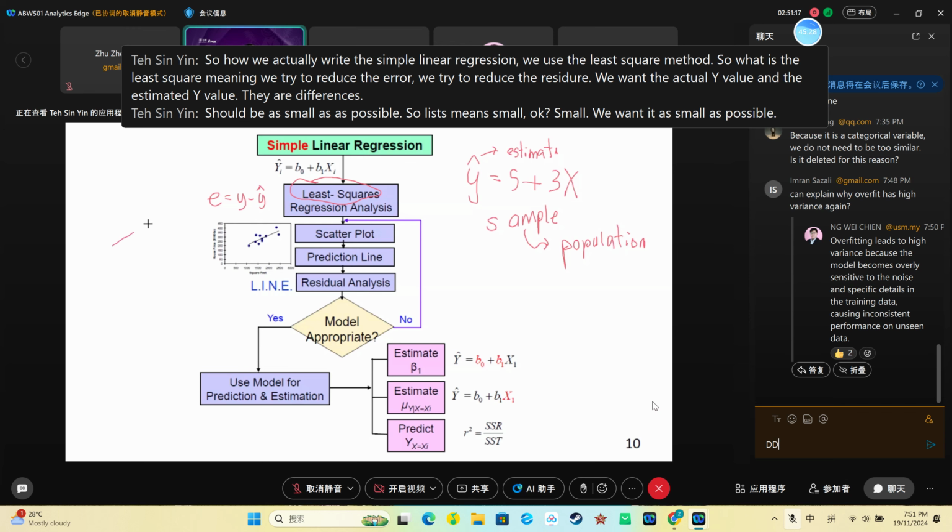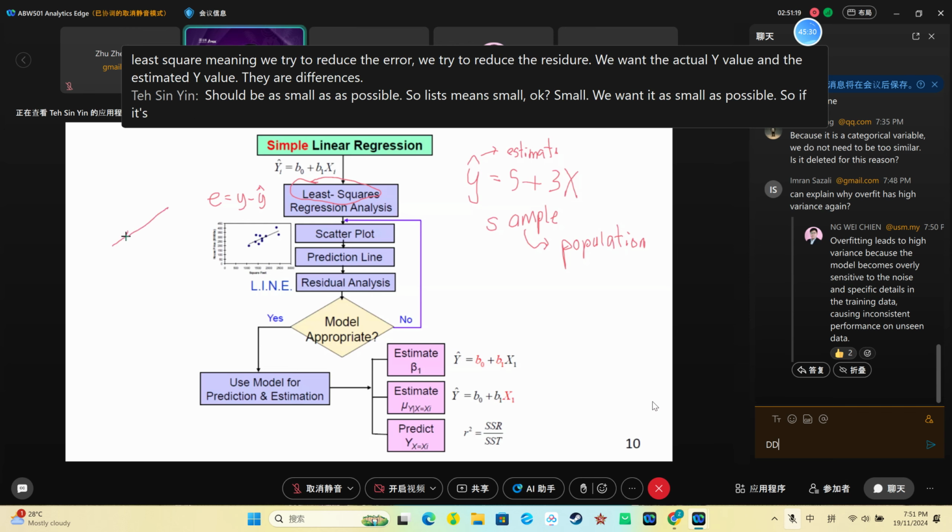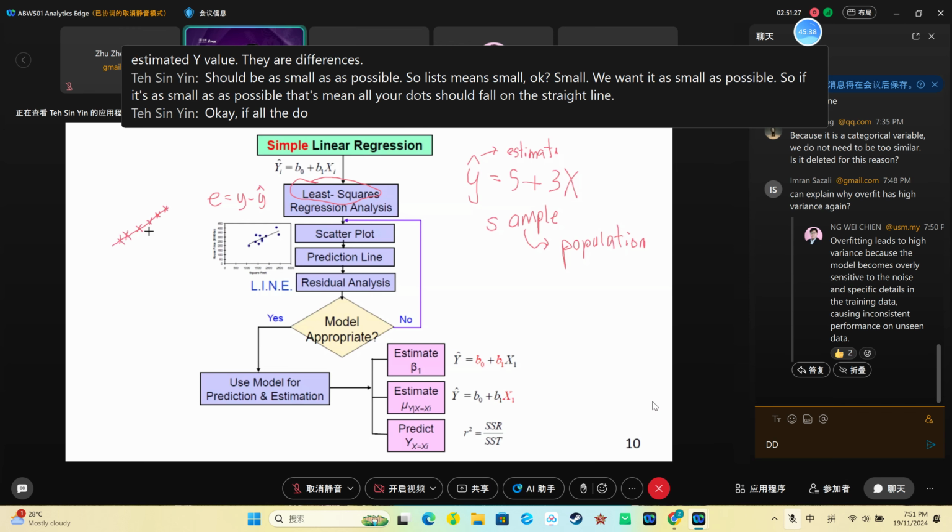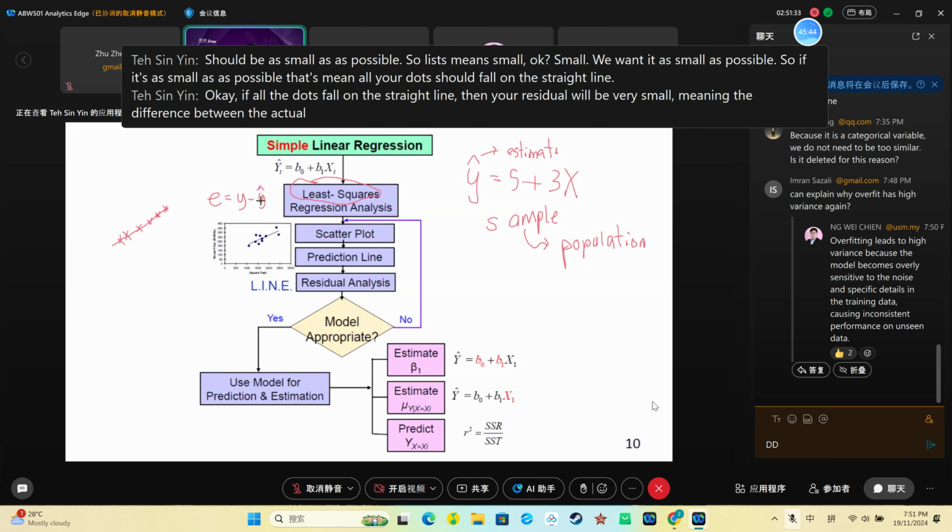Least means small. If it is as small as possible, all your dots should fall close to the straight line, and the difference between the actual value and the predicted value will be very, very small.